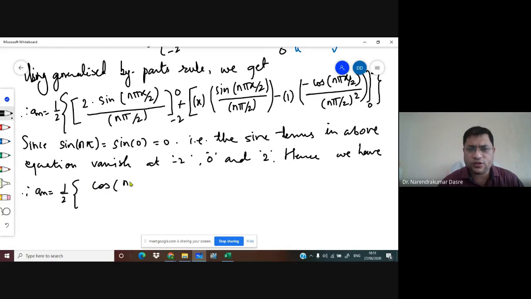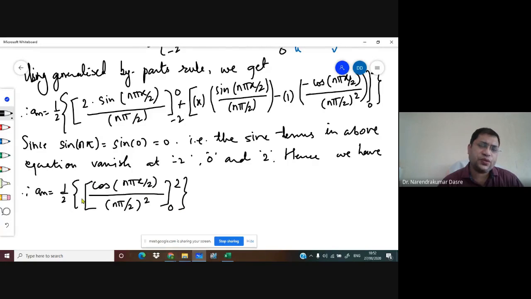So I'll be having cos of n pi x by 2 upon n pi by 2 bracket square, and here the limits are 0 to 2.